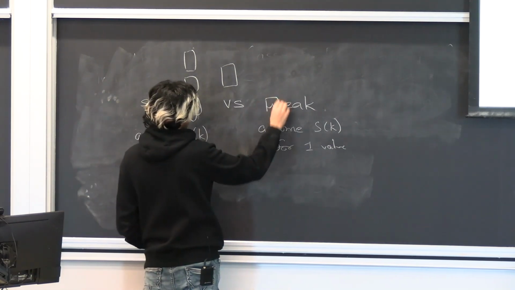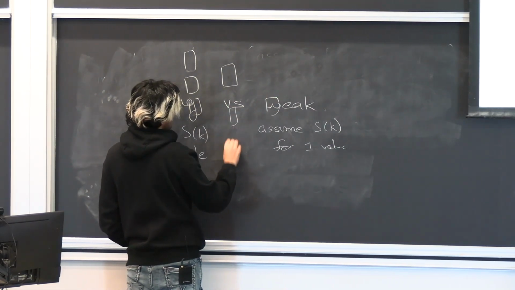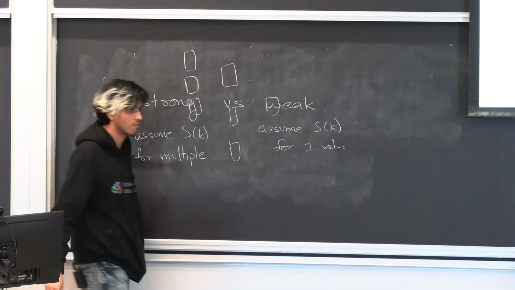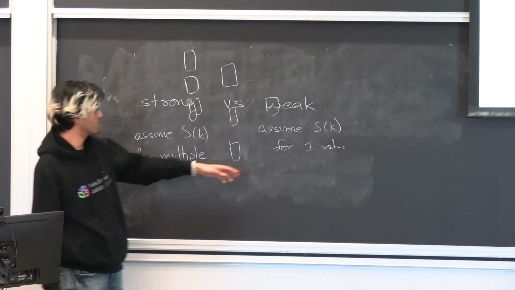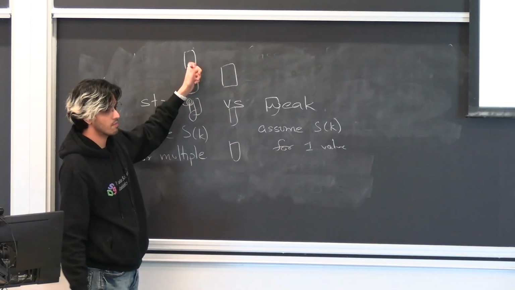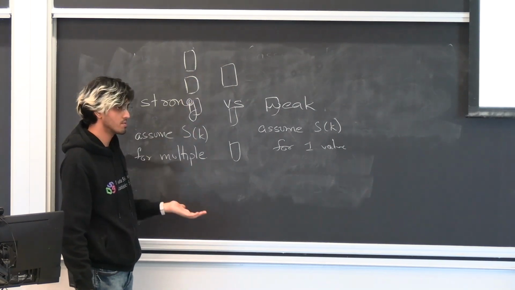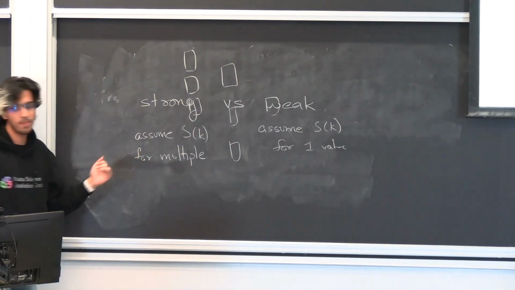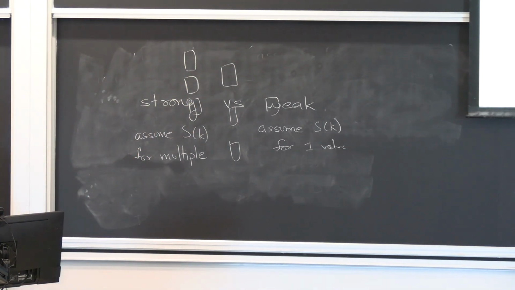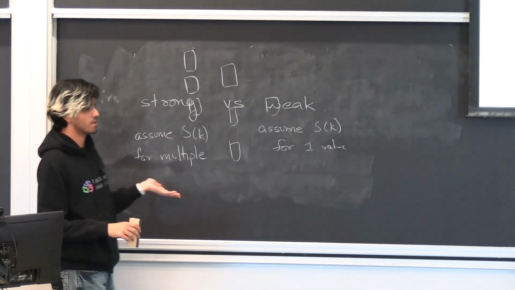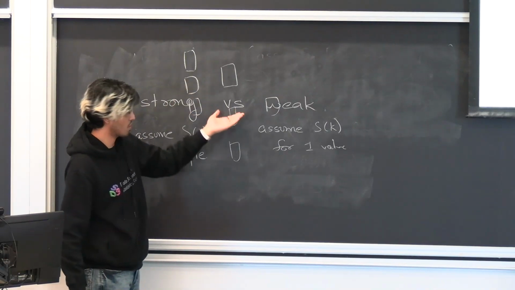And then for the next one to fall, it also needs 3 of these to fall, and so forth. Then you can't use simple induction. You can't assume just one of these. One is not enough. You need multiple. So in strong induction, you assume that the predicate is true for multiple values, so all the values that you need to show that this is the case.